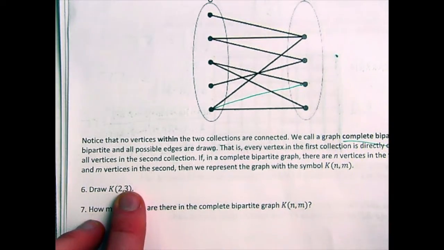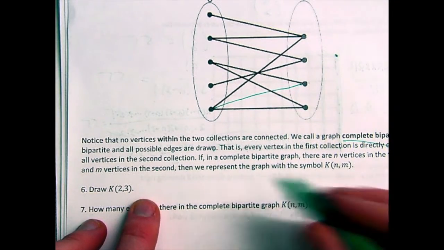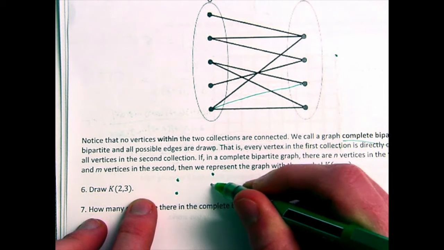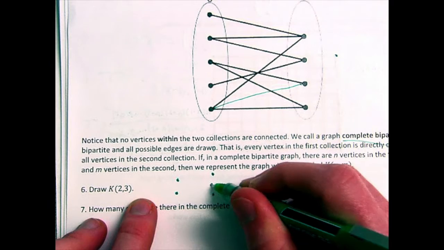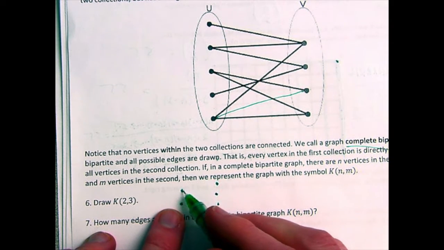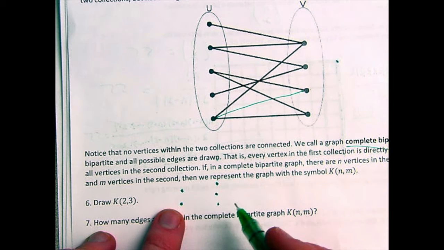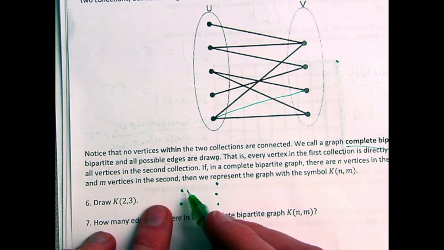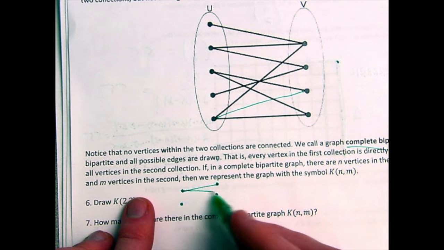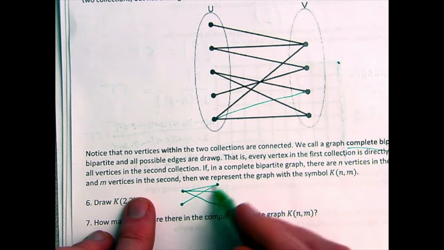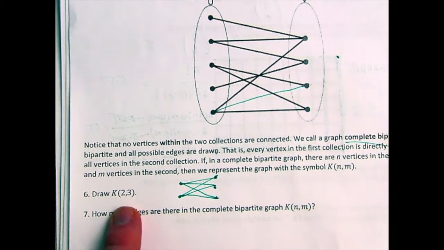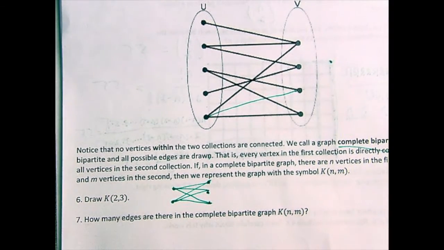That just means draw the complete bipartite graph with 2 vertices in the first group and 3 vertices in the second. So I'm only allowed to draw edges between the two groups. So I need this edge, this edge, this edge, and I need this one, and that one. And that's the complete bipartite graph with 2 vertices in the first group and 3 in the second.